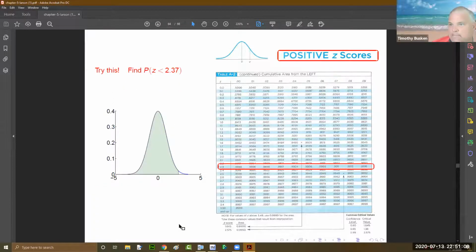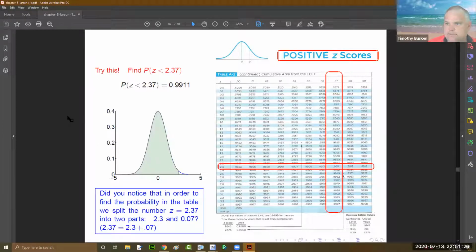Okay, so here's a problem for us to try. We want to find the probability that Z is less than 2.37. The way to do this is to split the z-score up into two parts. Z equals 2.37, which splits into 2.3 plus 0.07.